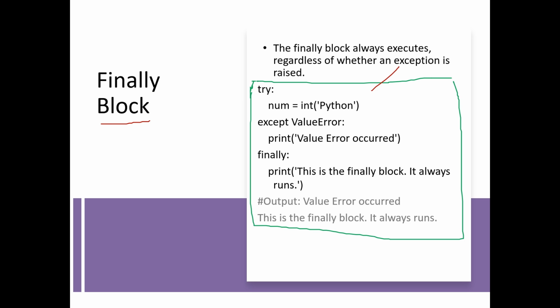If we execute this code, we get the result value error occurred, and also this finally block gets executed, printing this is finally block, it always runs. The finally block can be used with or without the except block. If no exceptions are expected to be caught, you can use try and finally without except.